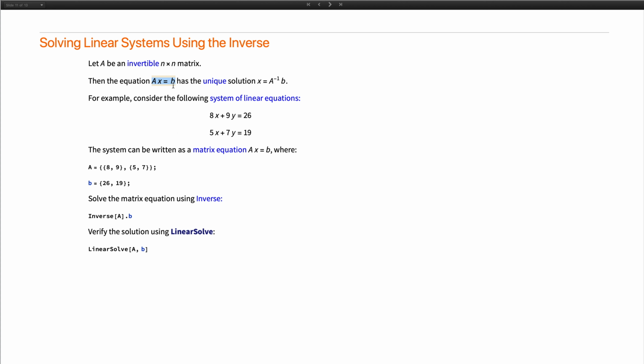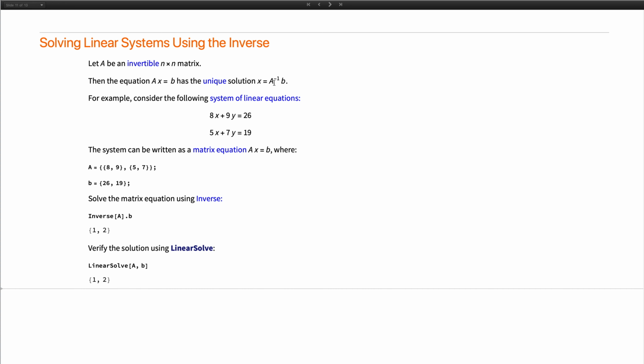You simply divide by A, and that's done by A inverse. So let's say you have the system over here, and you form the matrix A for the coefficients, so 8, 9, 5, 7, and the matrix B, which is the right-hand side, and then you do inverse of A dot B, you get back the answer, 1, 2, and you can check the answer with linear solve, and you get back just the same result.